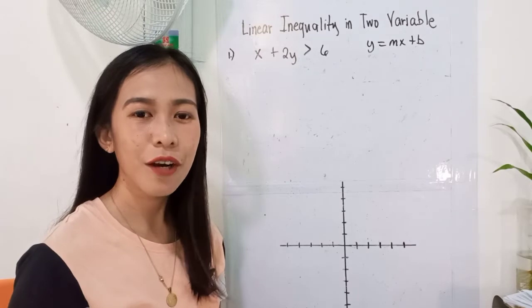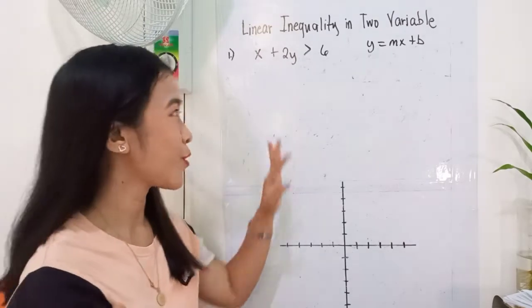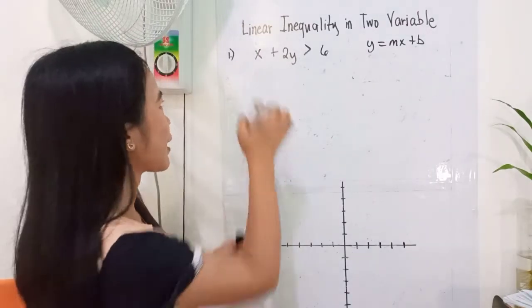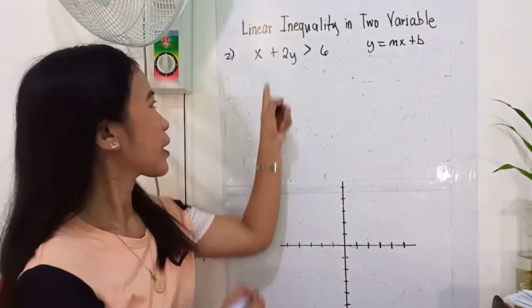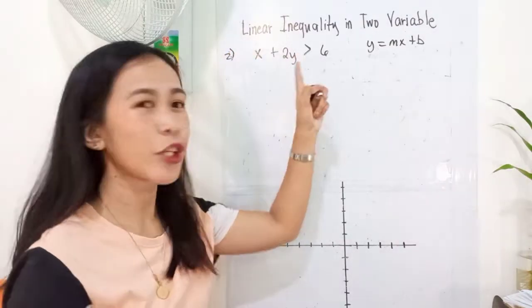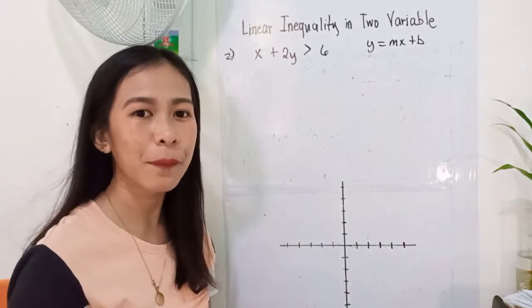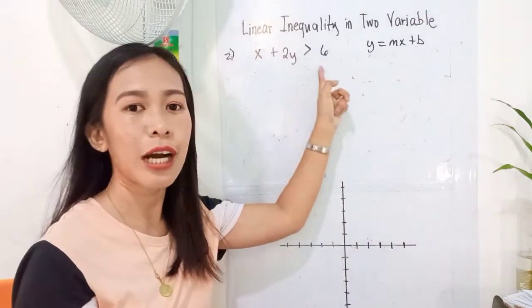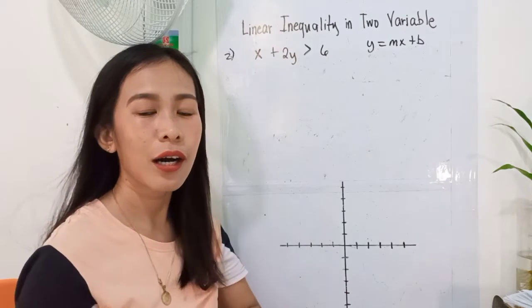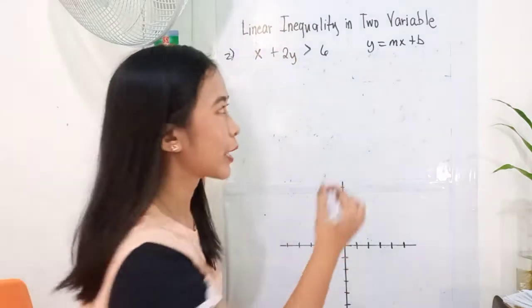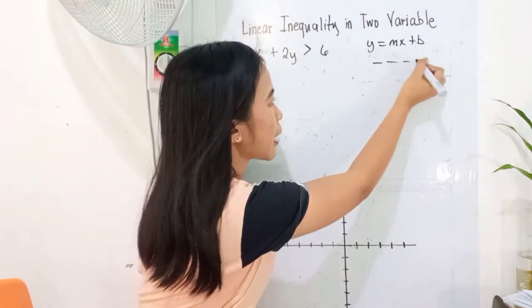Okay, now take a look at our example number 2, mga bunso. Number 2 na. x plus 2y is greater than 6. Okay, so para madali para sa inyo, kunin nyo muna yung mga properties. This is greater than. Therefore, it is a broken line. Broken line yung gagamitin natin dyan, di ba?